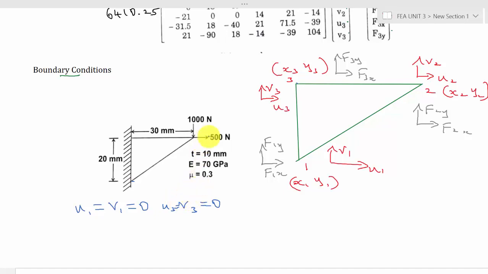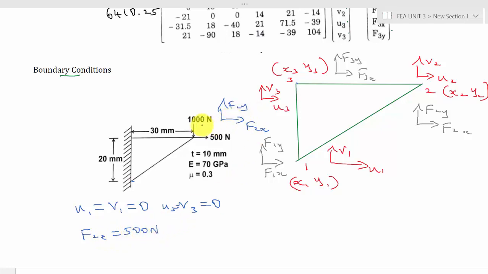Now coming to the forces, at node 2 it is subjected to 2 forces. In the x direction it is subjected to a positive force because this is F2x and this is F2y. So at node 2 F2x is positive, F2x is equal to 500 Newton.